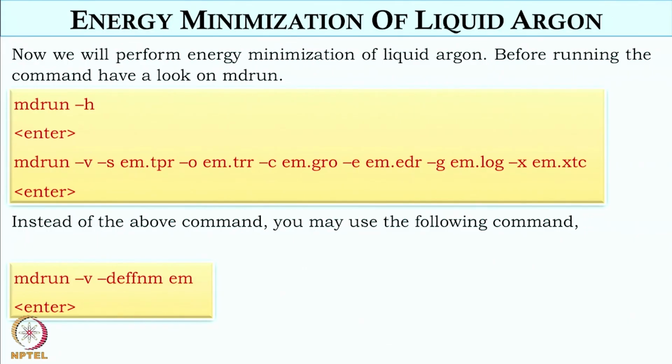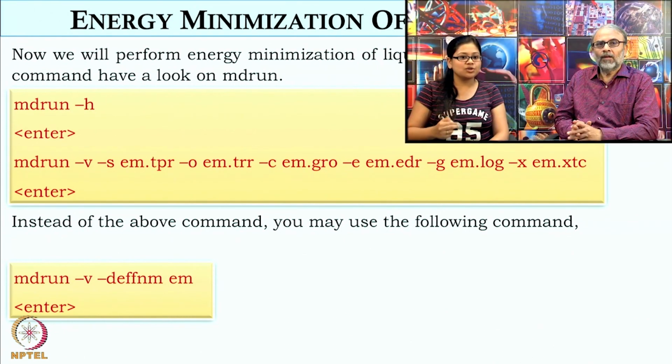Now how do I know that this mdrun is only minimization and not the final dynamics? Because we are using the TPR file from energy minimization. If we use the TPR file of the full MD, then we have to type mdrun -v -deffnm full.